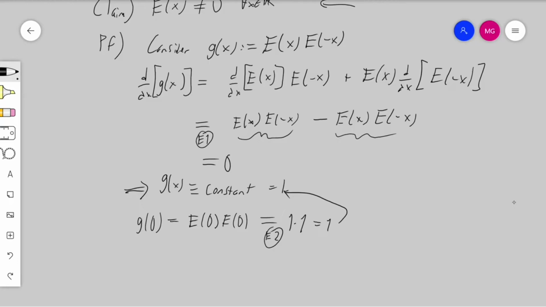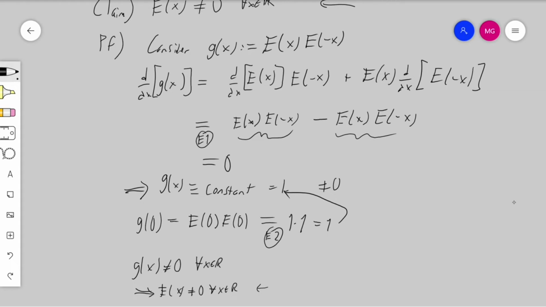So finally, what this means is that it's never 0. So g of x is never 0 for all x in R, and that in turn implies that the function e of x is never 0 for all x in R. Because if there was some x value for which e of x was 0, then just plug that x value into g, and you'd have 0 times something else, and so g would be 0.